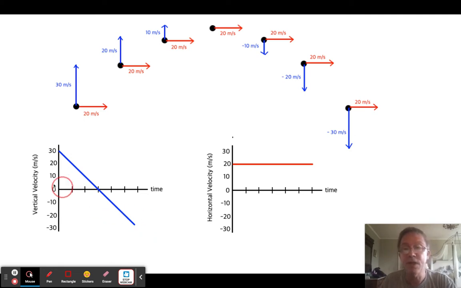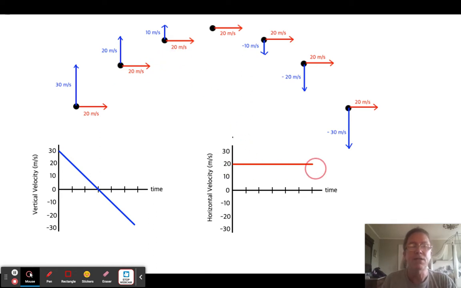Remember, the slope of a velocity graph is acceleration. I should reach a velocity of 0 at the apex after 3 seconds, after which it's speeding up in the negative direction. So it's slowing down in the positive direction, reaches 0, then speeds up in the negative direction. Meanwhile, the horizontal velocity stayed 20 the whole time, so it never changed.